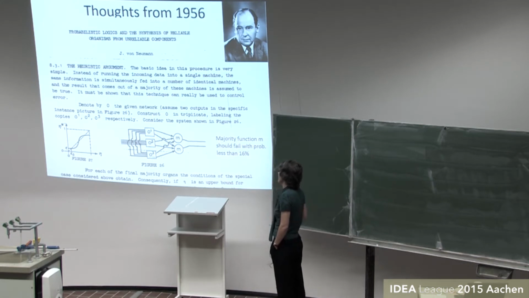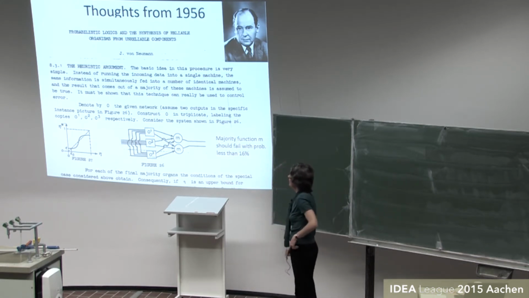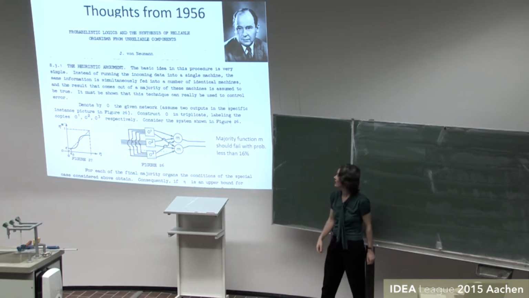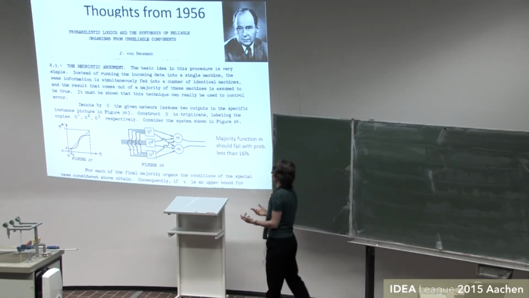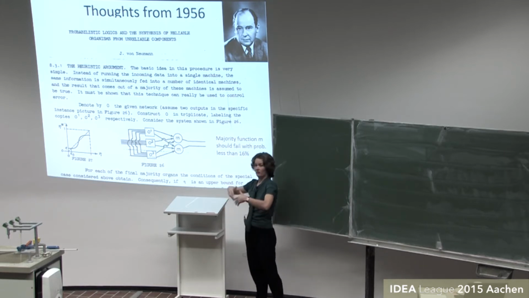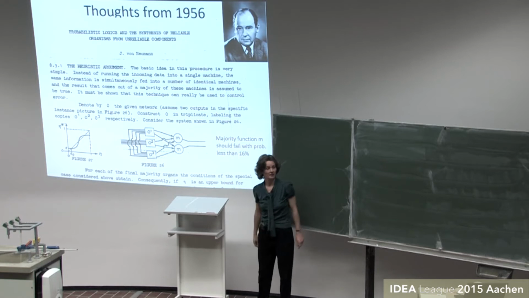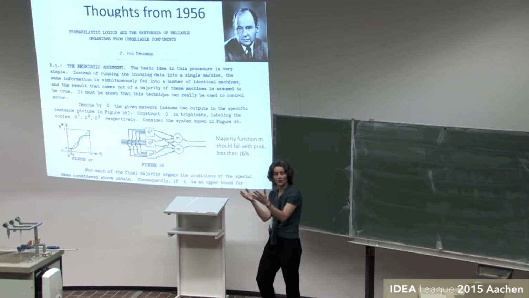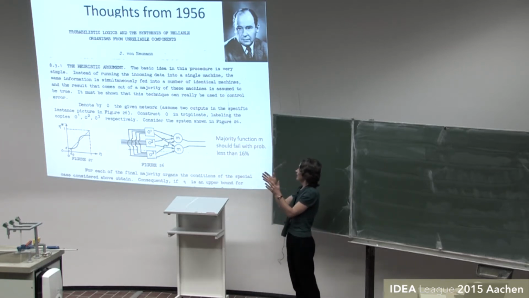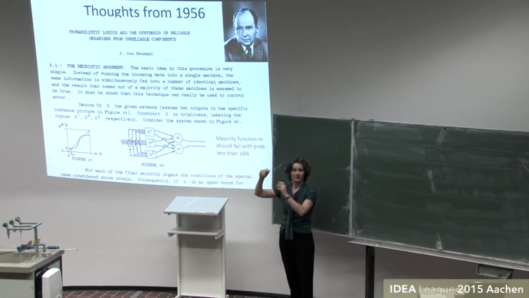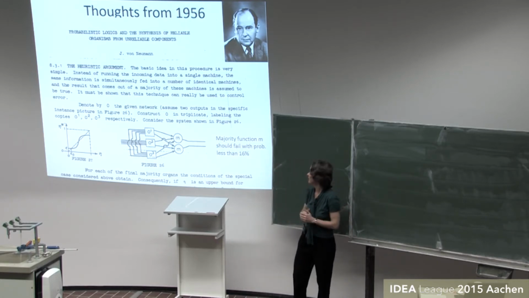And then he wants to estimate what happens when you do this repeated process, and what is the failure rate after recursively doing this, at the top level, right? And do you get something? And of course, what you want is that the failure rate is not going to a half, right? Because then it's completely noisy.